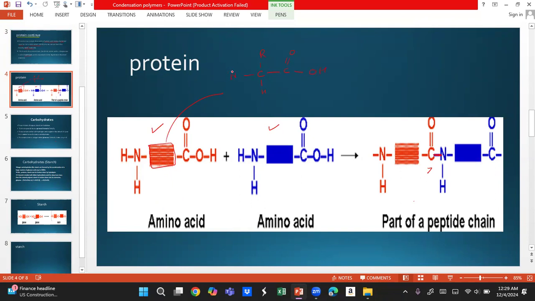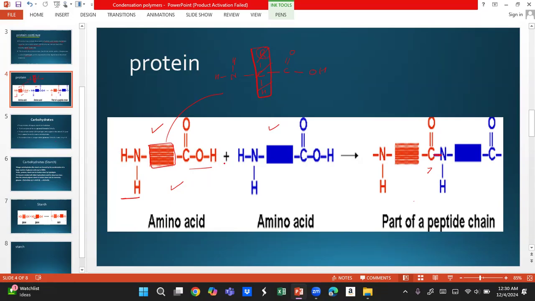On this side we have the carboxylic group, and on this side we have the amino group. So this thing, when enclosed in a box, is known as a block diagram. This is basically the block diagram of one amino acid. This is amino, this is acid. All the amino acids have these two functional groups in common, but the only difference between the different amino acids is the R group, as I told you earlier.